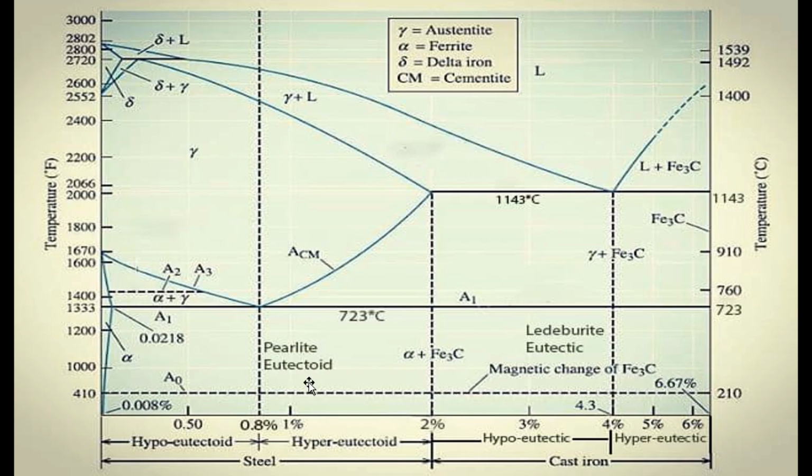So anywhere you take a point and fix two ends, you can calculate in a binary system the weight percentage of any one phase. This is called the lever rule applied in any binary system. Here it has been applied in the iron-carbon diagram.